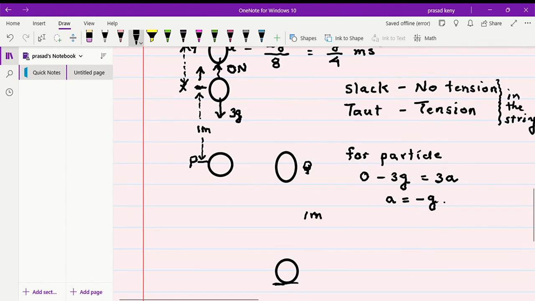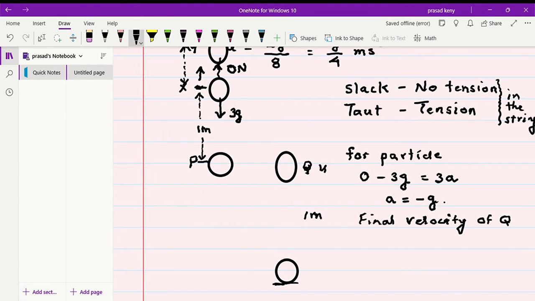So first let us find out the final velocity of particle Q. Now for particle Q, it is released from rest.